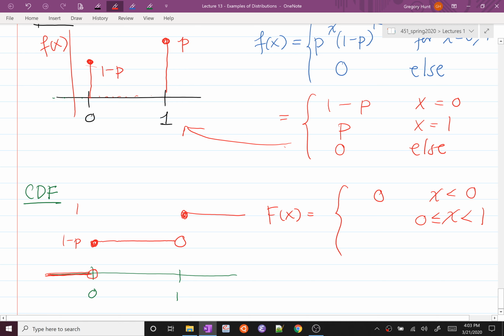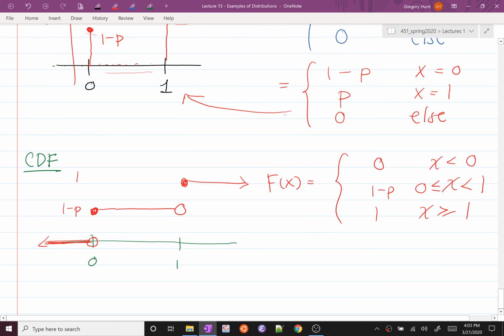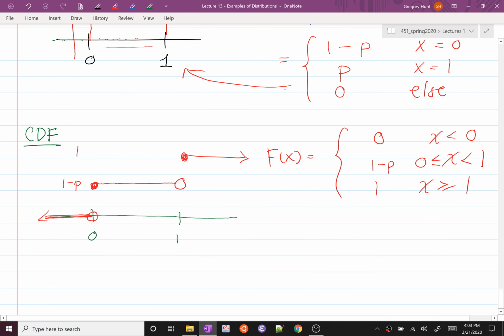We have mass 1 minus p anywhere between 0 and 1, and as soon as we hit 1, we add on this last bit, 1 minus p plus p, gives us 1. So we get 1 minus p in here, and we get a 1 if x is bigger than or equal to 1, and that just continues on this way. So that's the CDF. Again, a pretty simple CDF for Bernoulli.